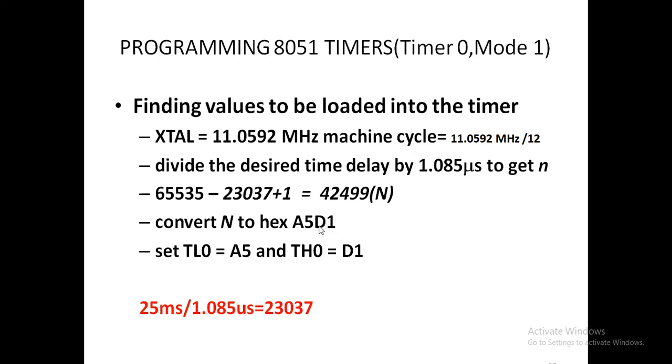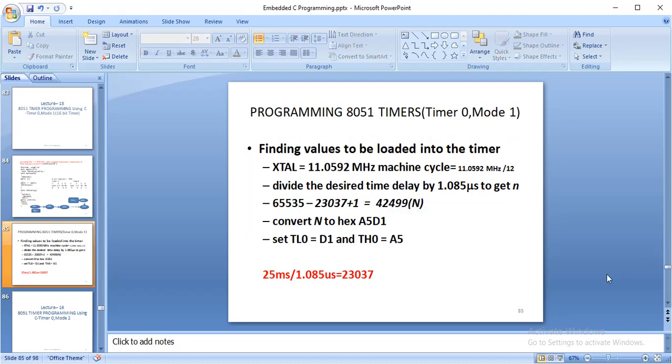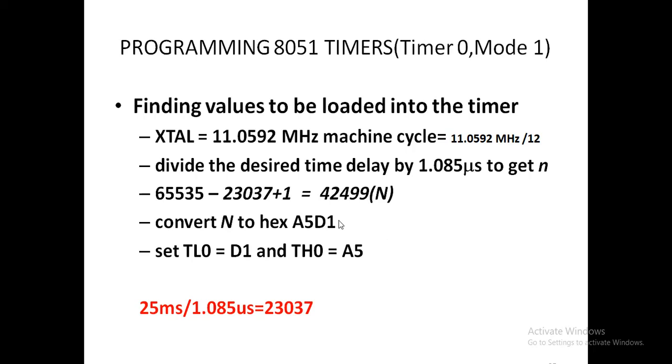The lower byte is loaded in TL0, and the upper byte A5 is loaded in TH0.